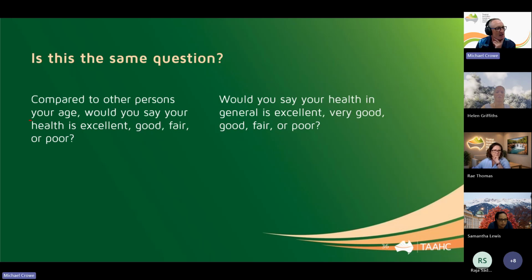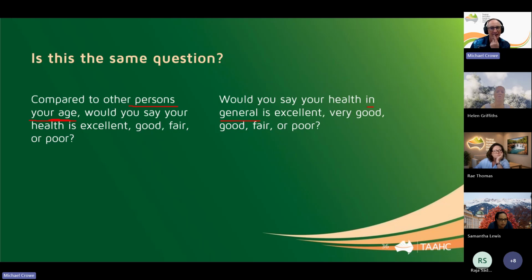All right, so what it comes down to is persons your age versus in general. Okay, this is from the UK. It's a national survey on health, aging, whatever. Anyway, they used to ask for persons your age, and then they realized, do you actually know people your age? Especially if you're elderly?